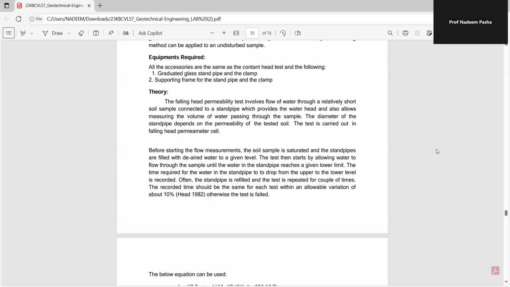The diameter of the standpipe depends on the permeability of the tested soil. The test is carried out in a falling head permeability cell.